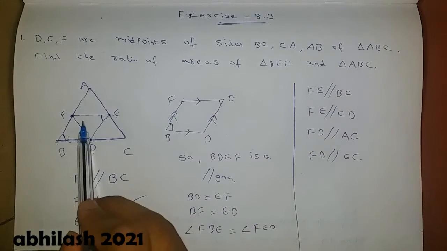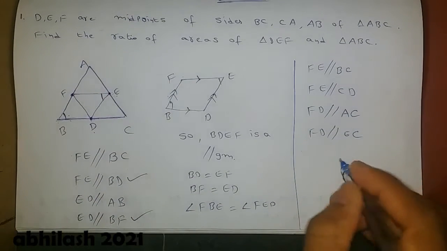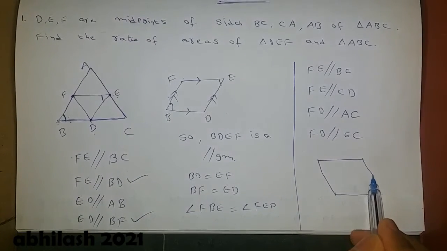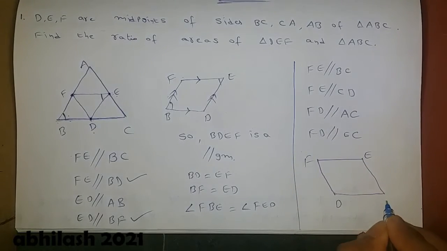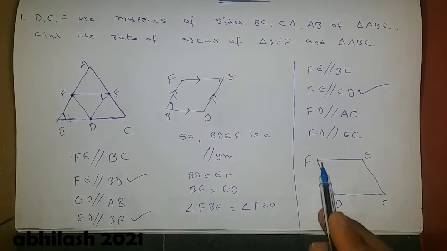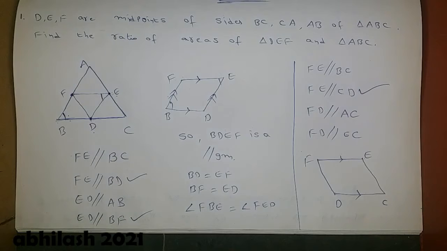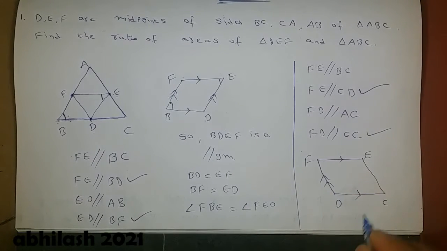Now I will draw this FEDC quadrilateral separately. If we observe the points which we got, FE is parallel to CD, and FD is parallel to EC.